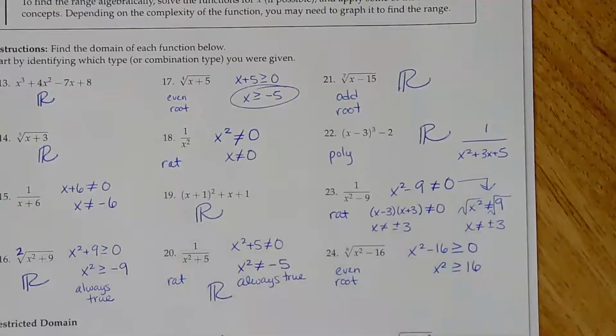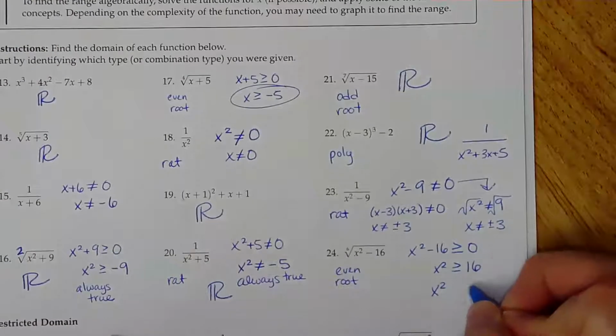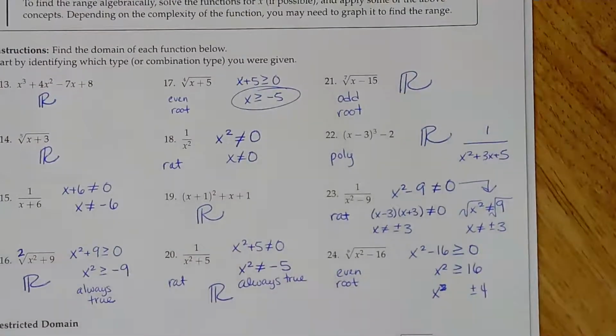There's some work behind solving these kinds of inequalities, but I think we could logic our way through it rather than diving into all of those details at this point. I'm definitely going to end up with some sort of issue with x being plus or minus 4 here.